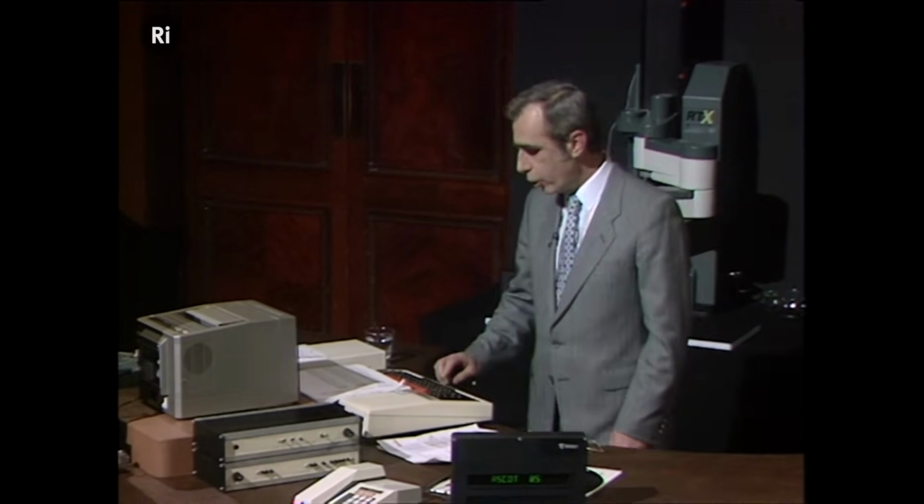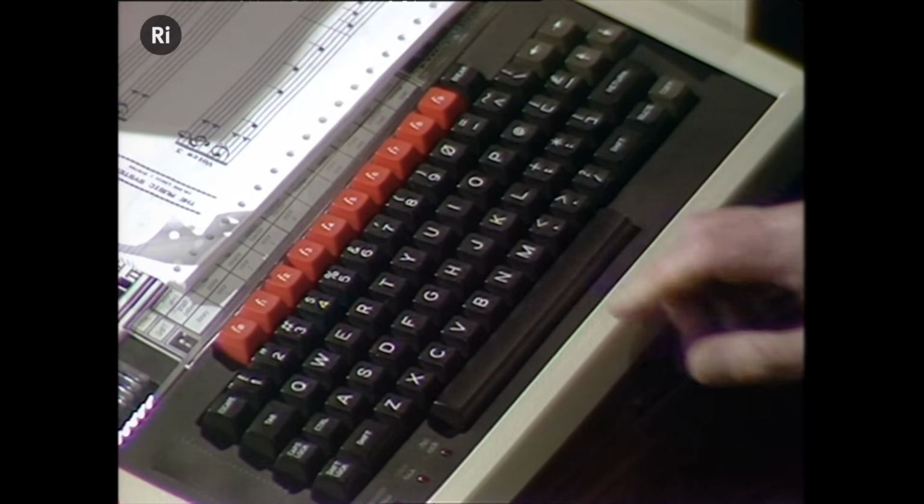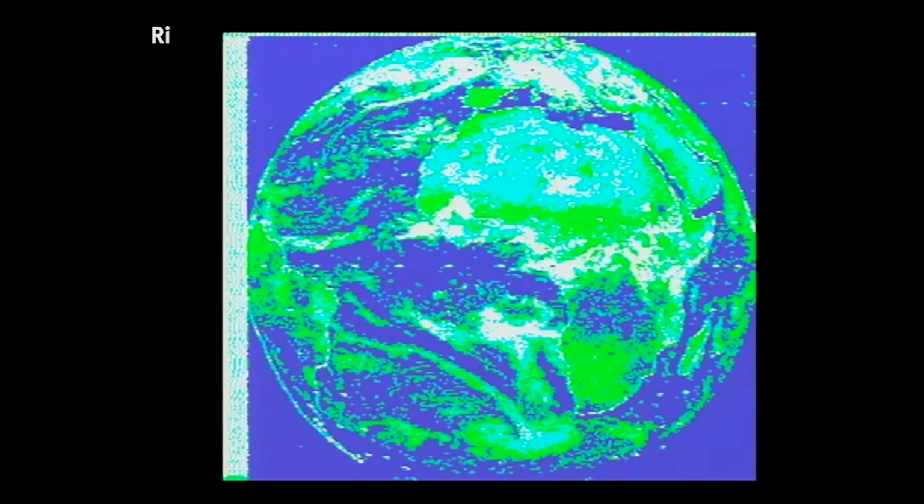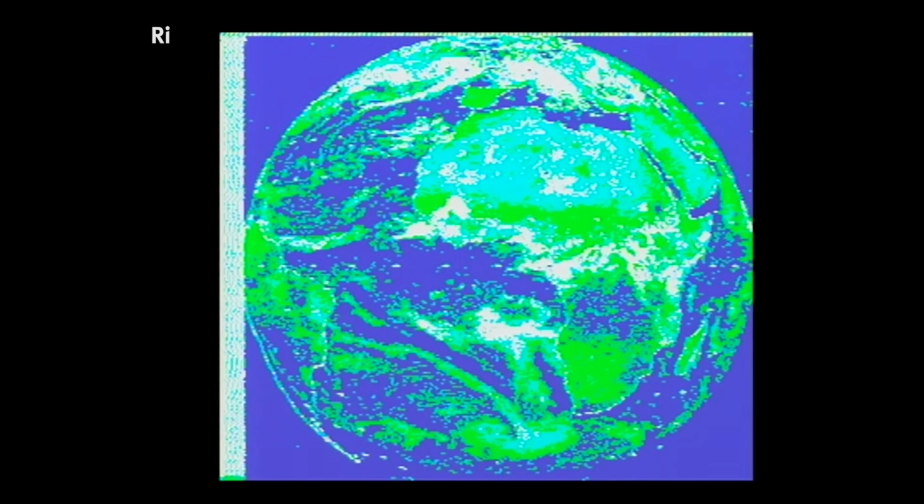Here is a stored picture that was brought up from, there we are, we see the Earth, we can see Africa there, fine weather over Spain, but the rest of Europe looking a bit cloudy. We go from Saudi Arabia and Madagascar on the right over to South America on the left.